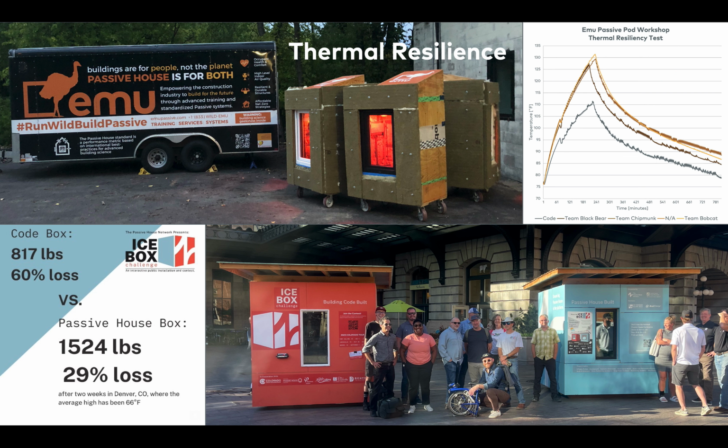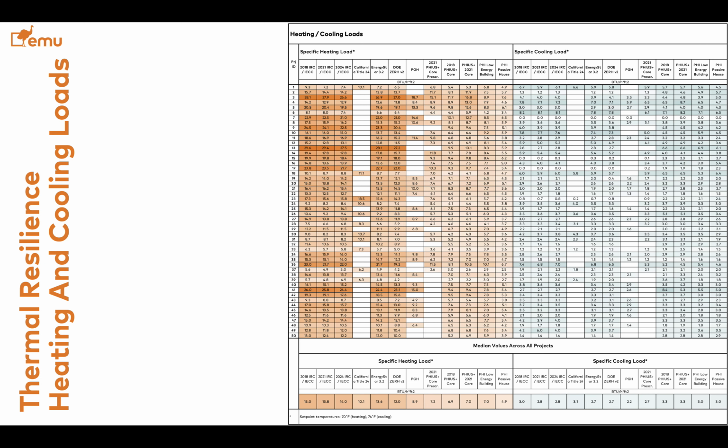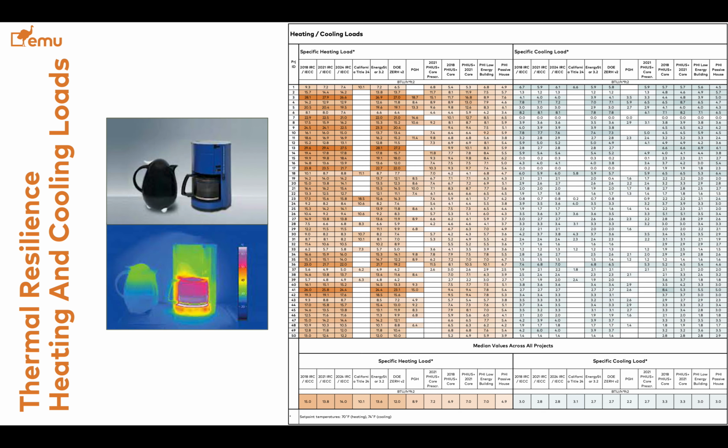For the purpose of this study, we try to convey this concept of thermal resiliency, and we did that by calculating the heating and cooling loads for each project. The idea was to try to understand how the building performs.